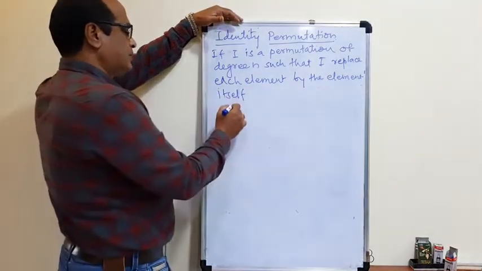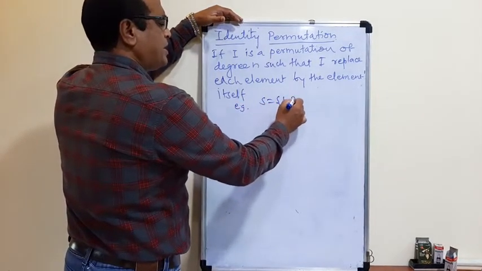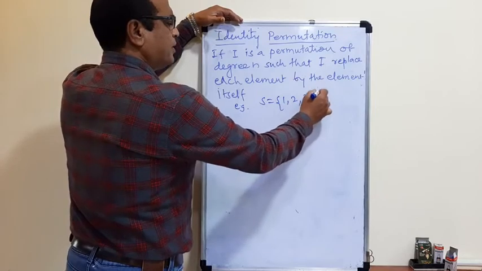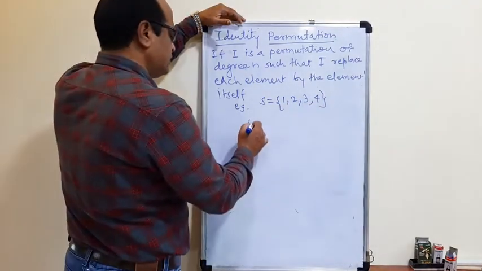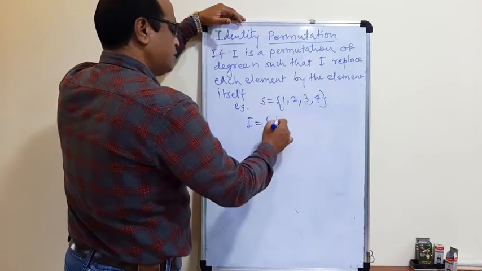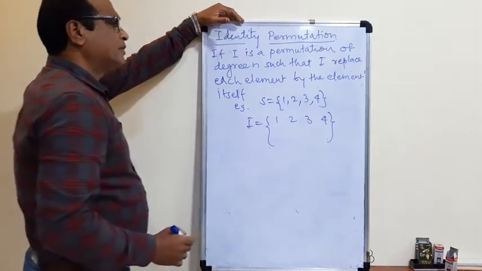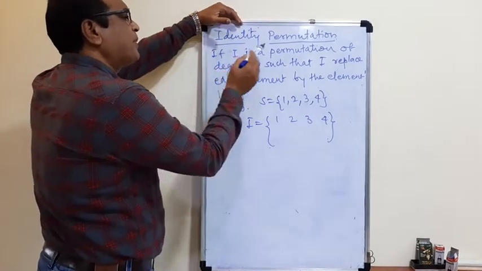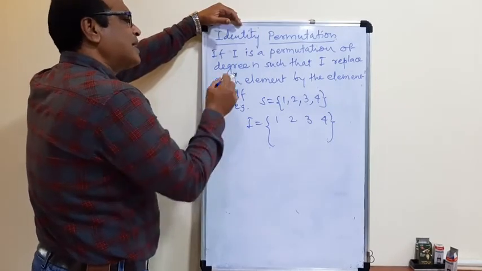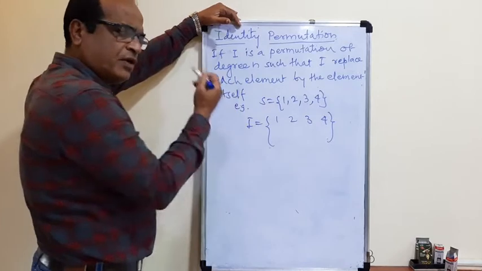For example, S is a set of 4 elements, 1, 2, 3, 4. Then the identity permutation I is (1 2 3 4 / 1 2 3 4).